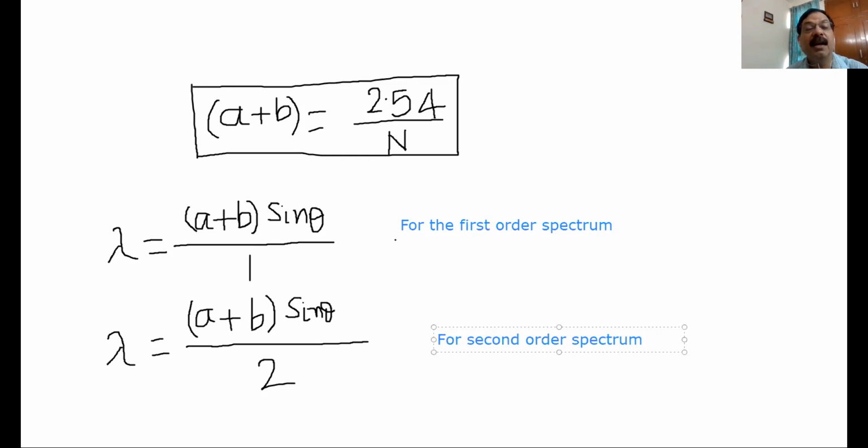Number 1, the first precaution: the adjustment of the spectrometer should be proper. Leveling of the base, alignment of the axis of the collimator and telescope, and their focusing should be done properly. Very important.